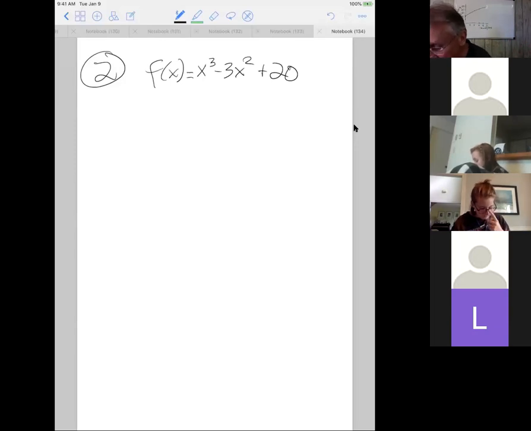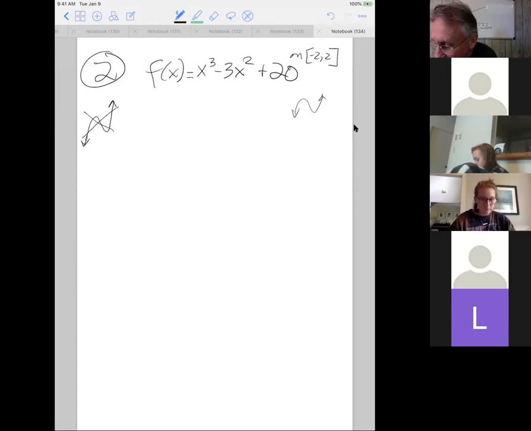On that other function we just did, it went up forever and it went down forever. So there was no absolute max and min. But this one, we've got a little different situation. We've got a cubic, but this time we've got it on a closed interval on [-2, 2]. And again, on the test, I wrote it as -2 less than or equal to x less than or equal to 2. These two mean the same thing.